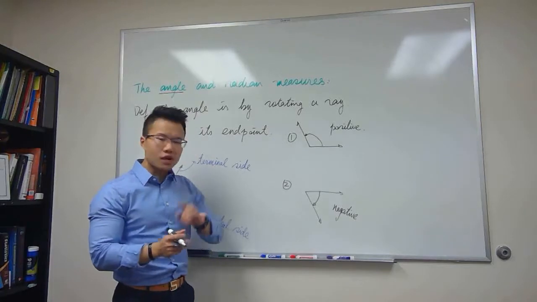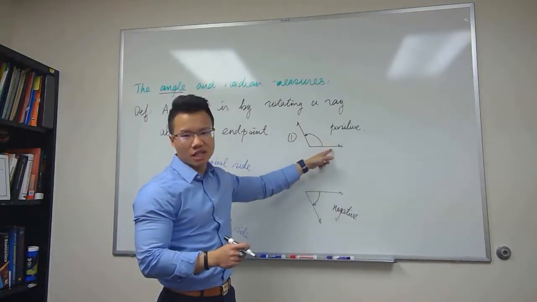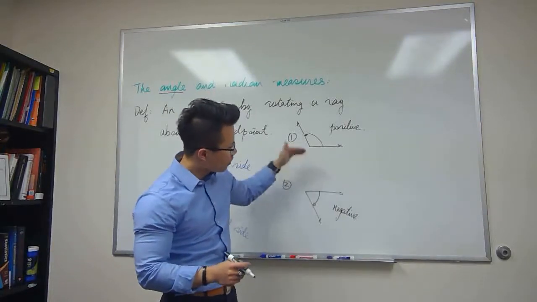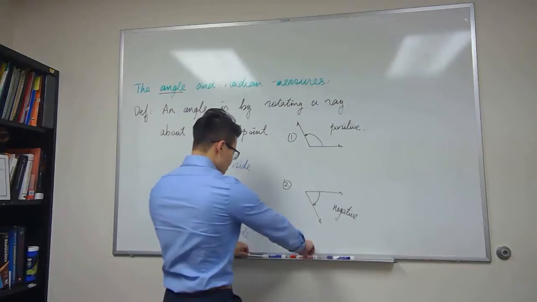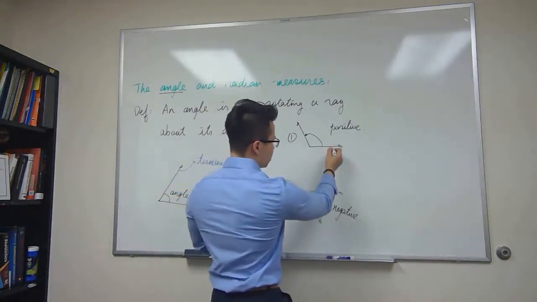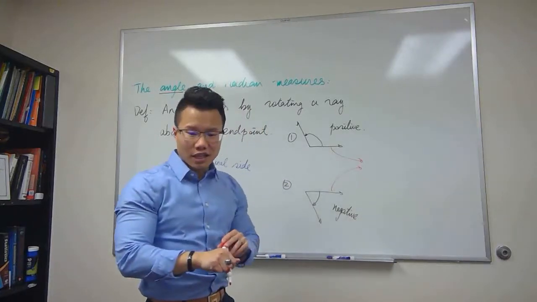Okay, and a very interesting thing is we always start with this position as the initial side. You can see always going that way. And we have a special name for this position where we always start. It's called the standard position.